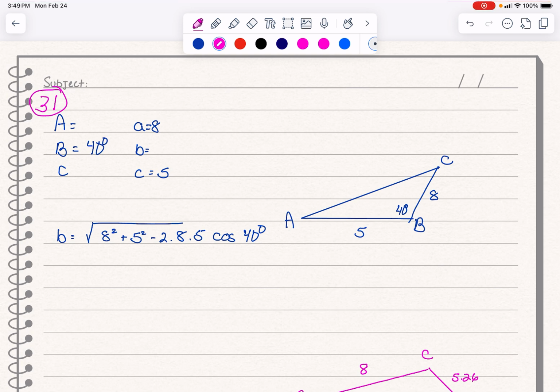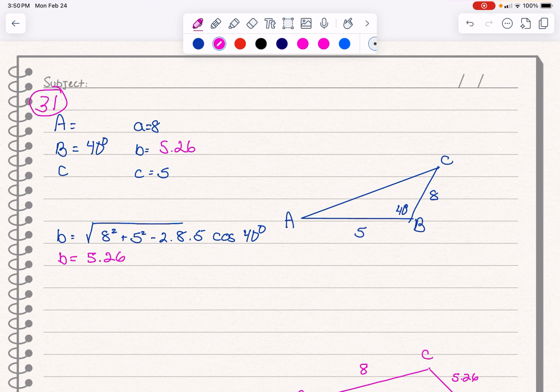You have to use the cosine law because you know two sides and the included angle, and you cannot use the sine law because you don't have a side opposite. When you use the cosine law, you get 5.26 for B. I think you've probably all done that.